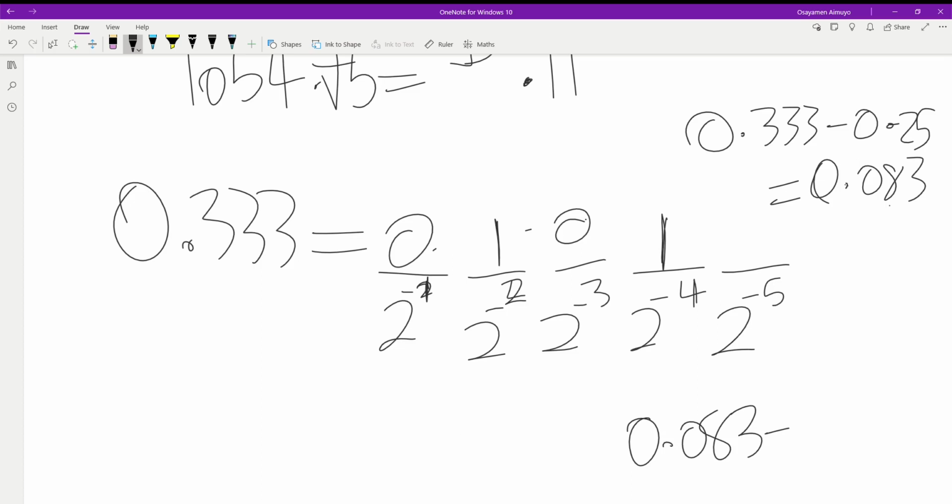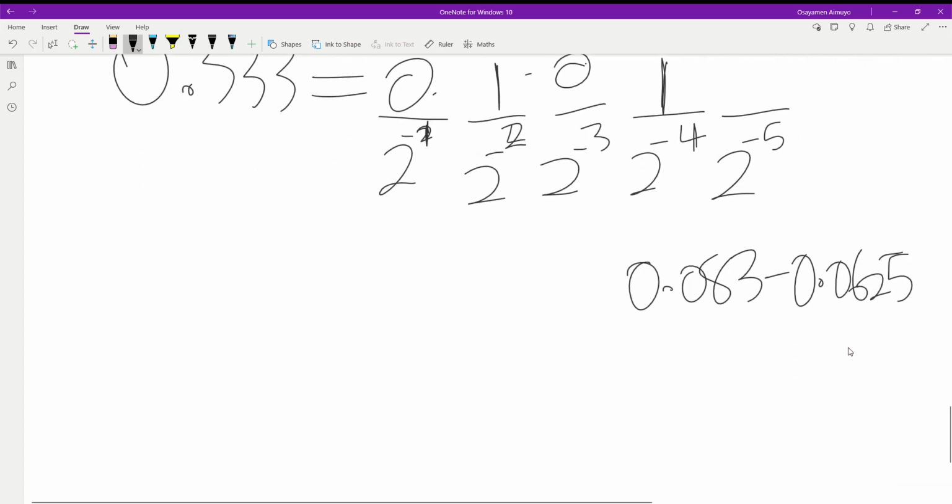Minus 0.0625. And now notice how this is getting incredibly close to 0, right? 0.083 minus 0.0625.